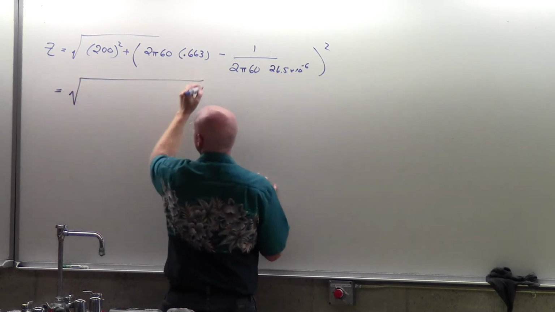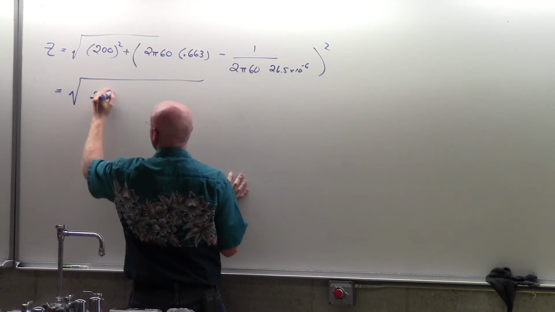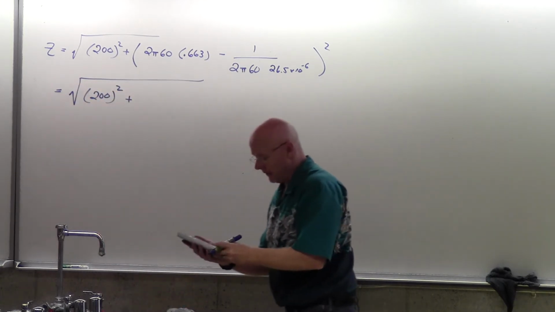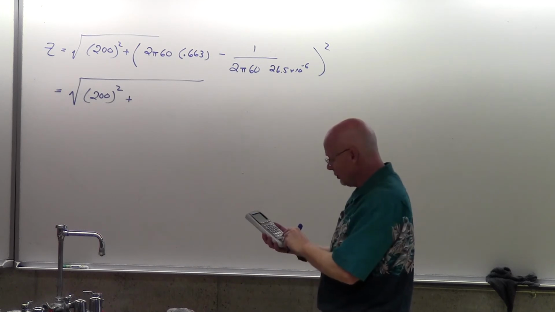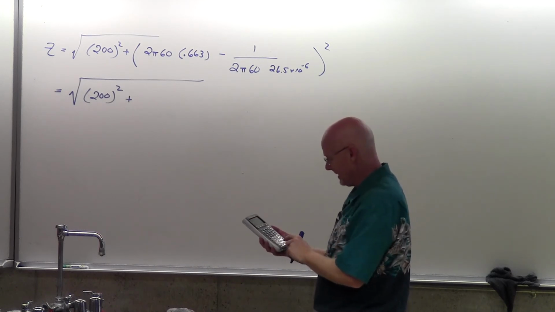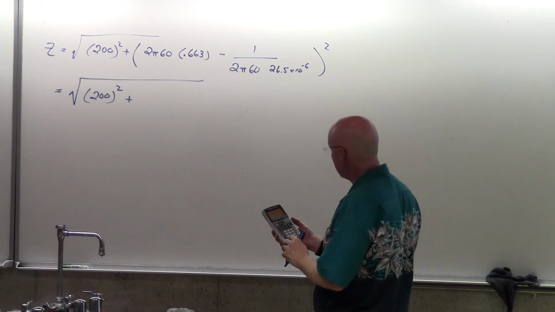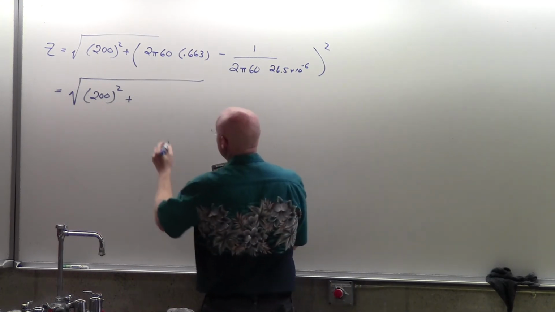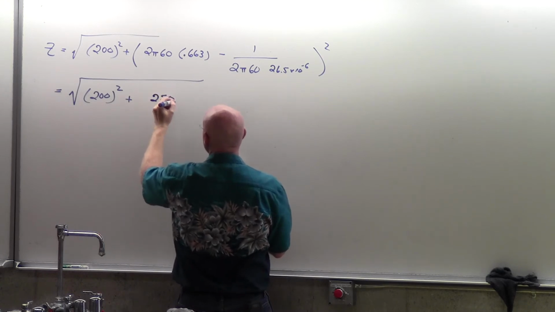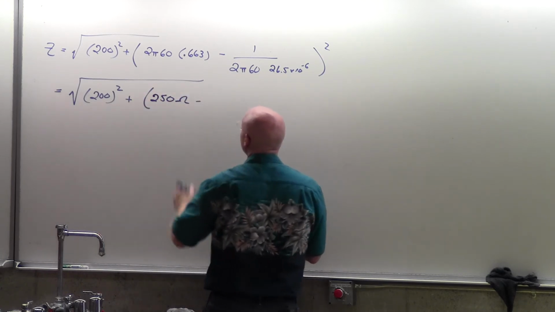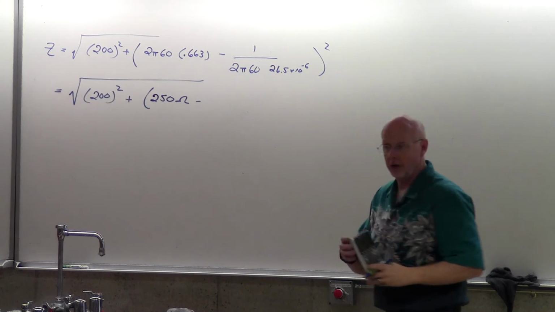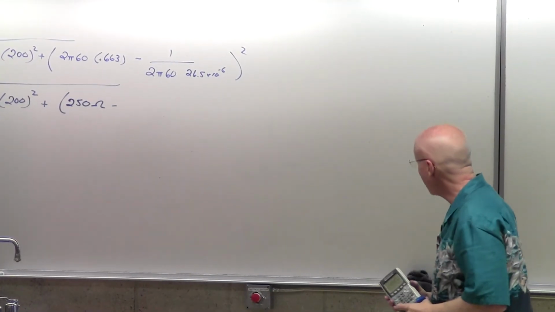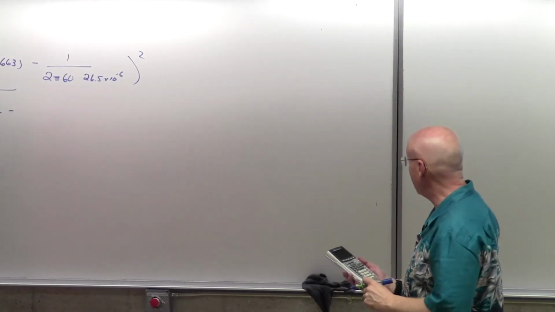Maybe I'll do an intermediate step, 200 squared plus, and it might be nice to find these individually. So 2 times pi times 60 times 0.663 comes out to be about 250 ohms. So I'm getting 250 ohms of reactance from the inductor, although it's being canceled a little bit by the capacitor.